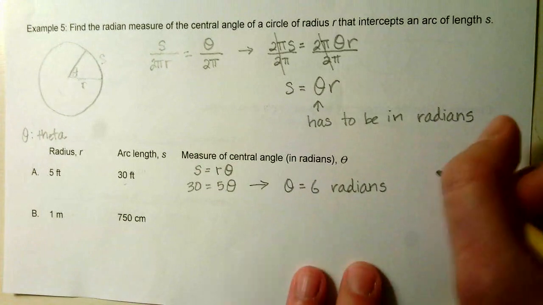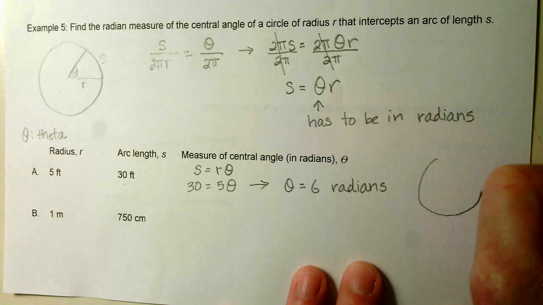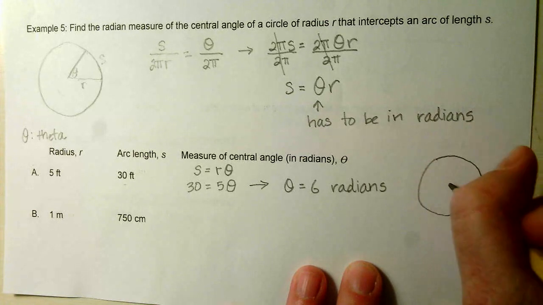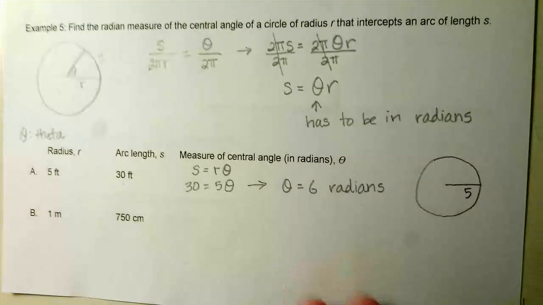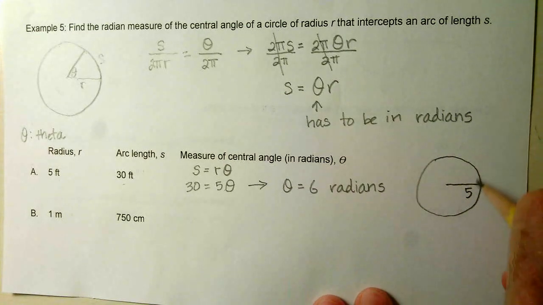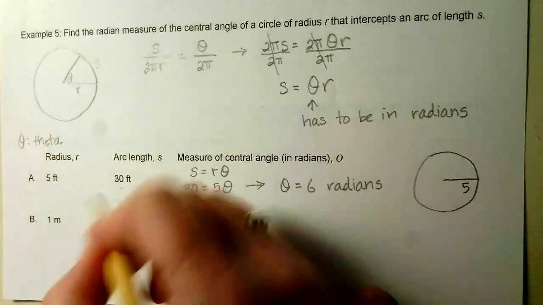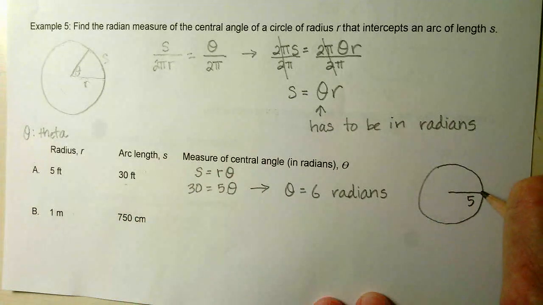So let's think about that real quick. So we have this circle with a radius of 5, and we want to think, if the arc length is 30, how far around would it be? How many radians?